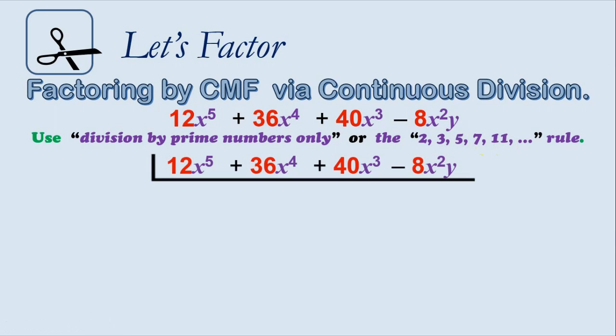Begin your search for a possible divisor starting from the lowest prime divisor, which is prime number 2. Are the numbers 12, 36, 40, and -8 divisible by prime number 2? Since all are even numbers, we can divide all these numbers by 2. Write 2 as the first number divisor.